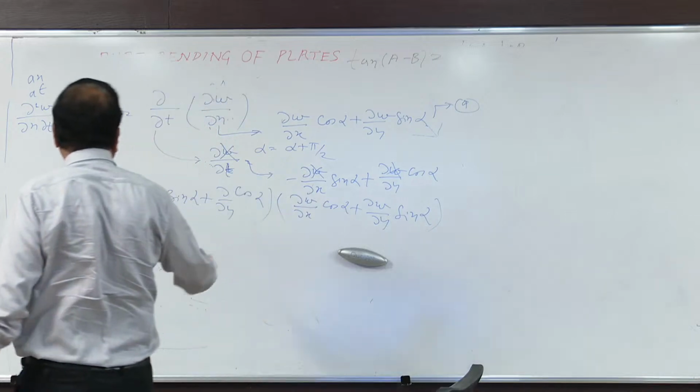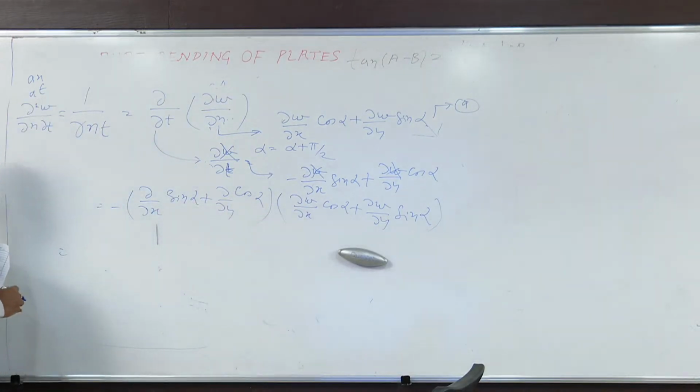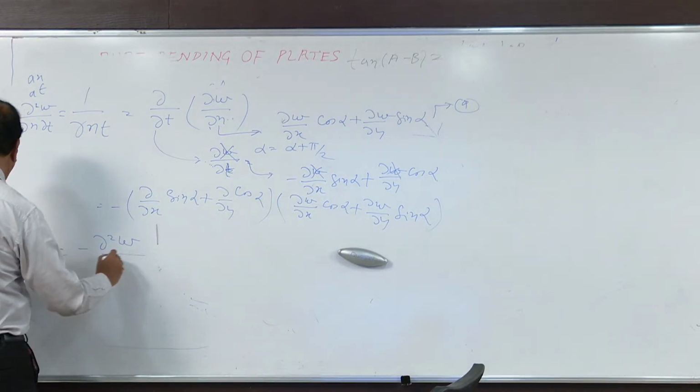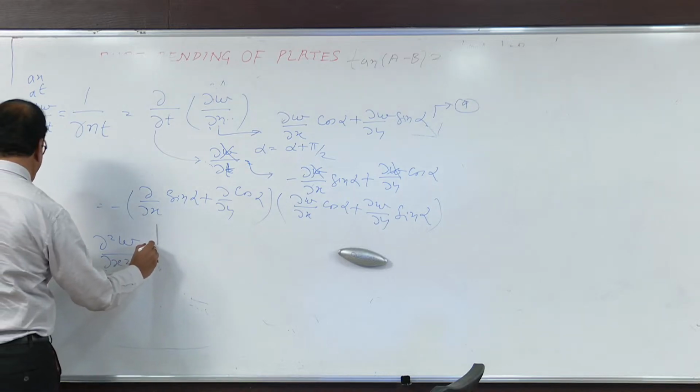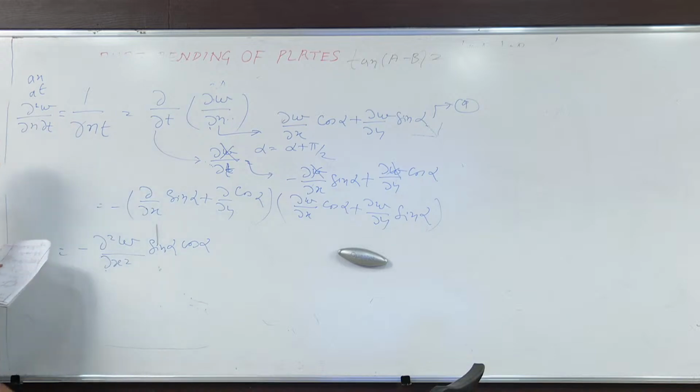What is the first term? First term, plus del square w upon del x square, so minus sin alpha cos alpha. Minus.